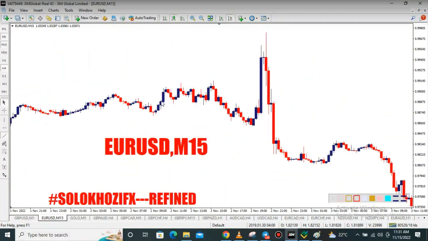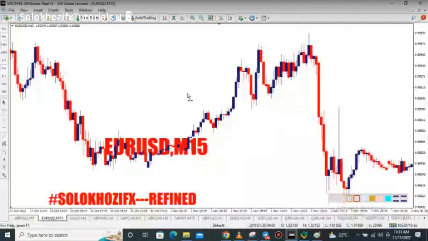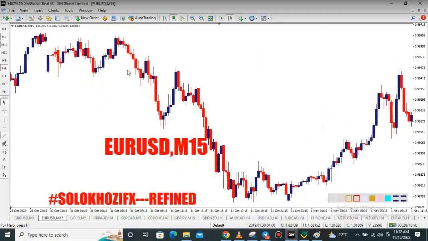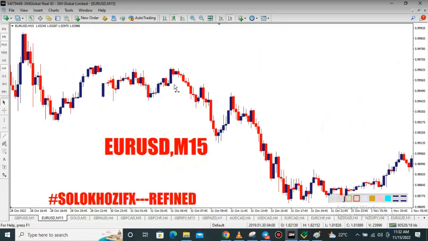So with the bearish engulfing type 2, this is a very powerful bearish engulfing. It's very, very powerful. Once you spot it, I would give it a 90% winning rate.